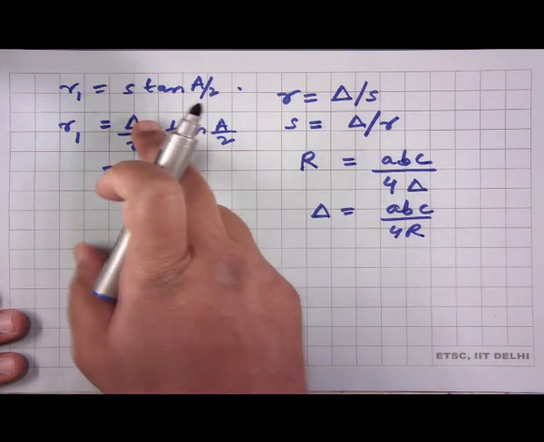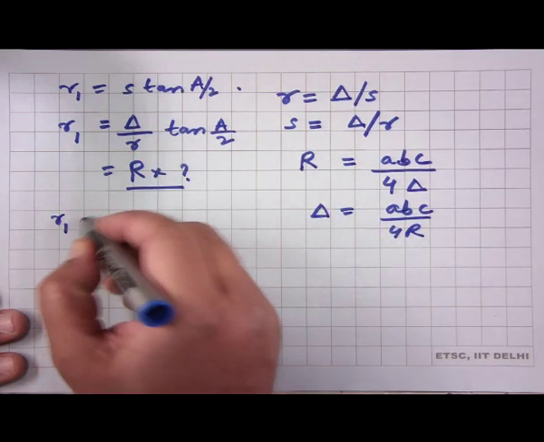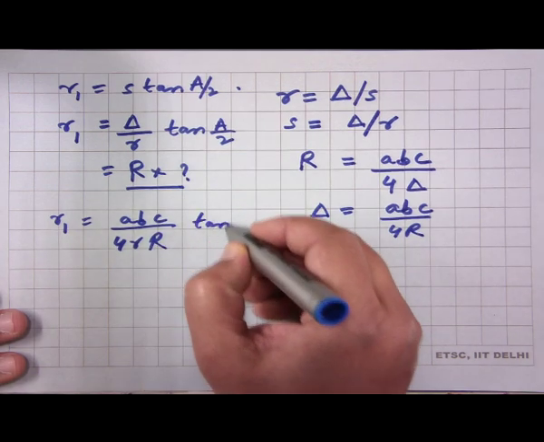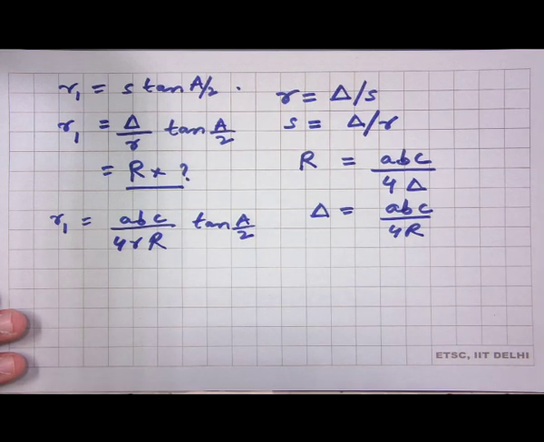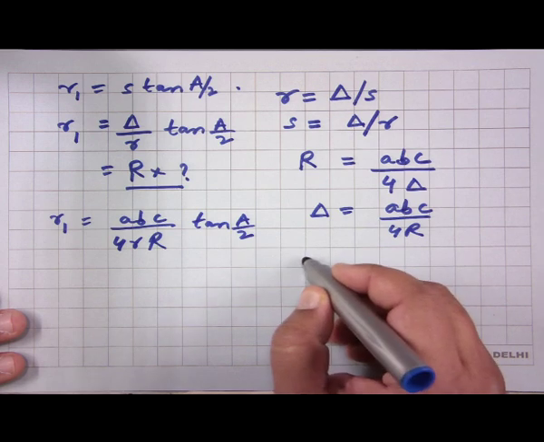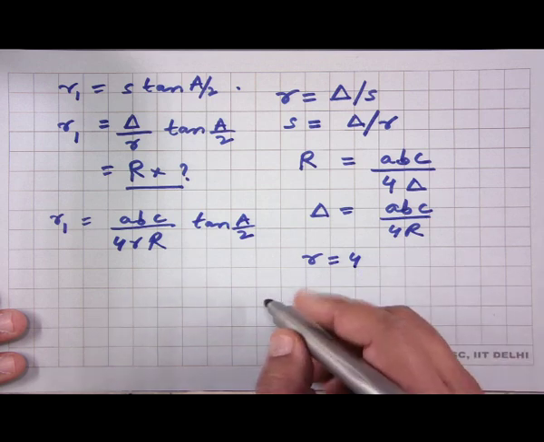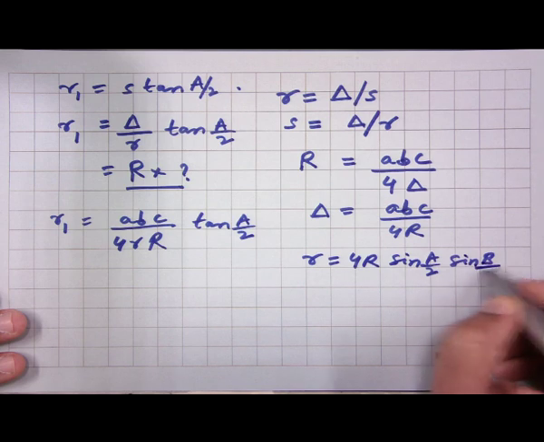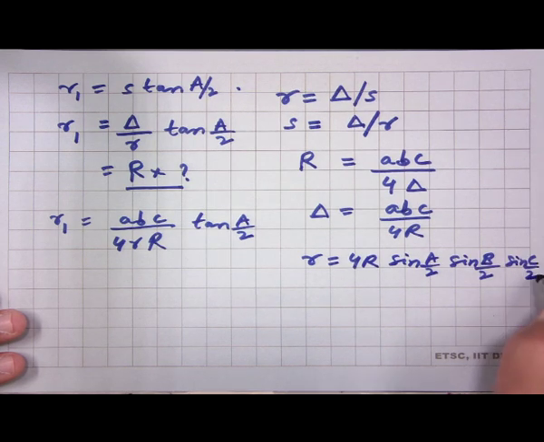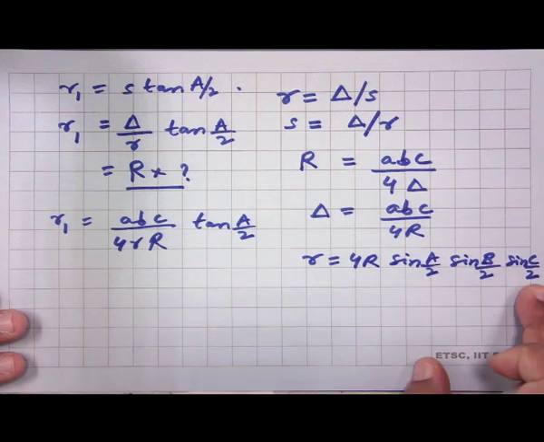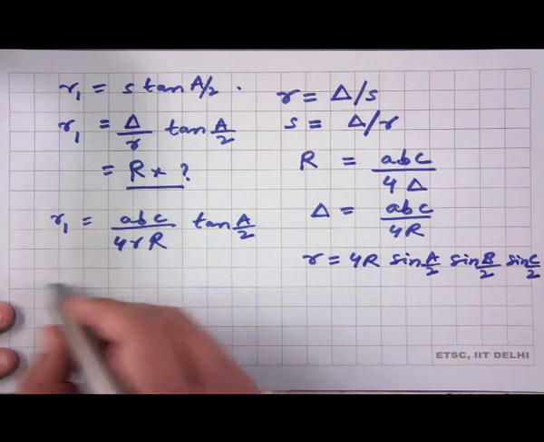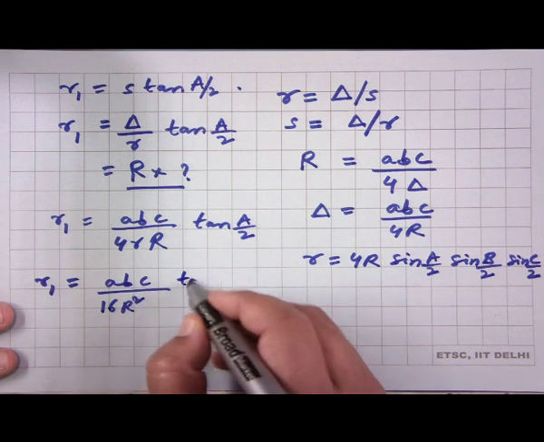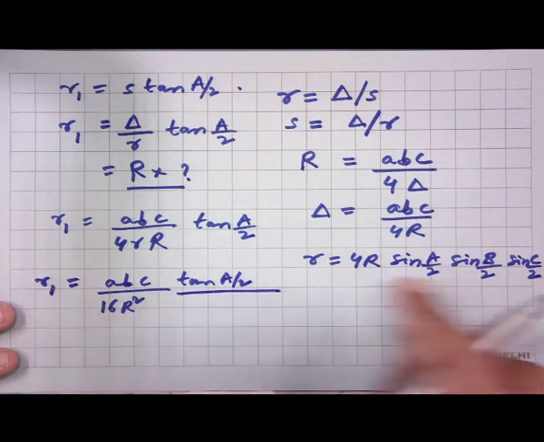So, if we replace this delta by ABC by 4R, what we get is R1 is ABC by 4R uppercase R into tan A by 2, and then as written on the previous slide, we also have this expression that the inradius is 4R times sine A by 2, sine B by 2, sine C by 2. So, if we use this over here, what we get is that R1 equals ABC by 16 R square. So, we have tan A by 2 in the numerator, in the denominator we get this product.